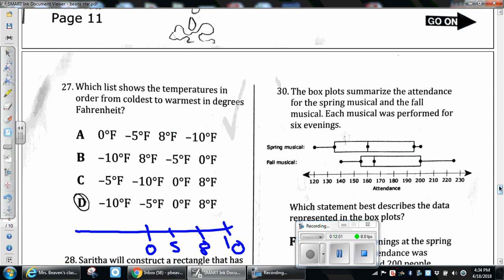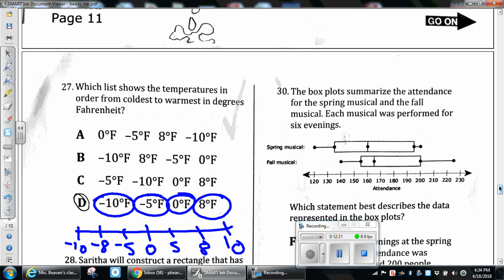But in the negative direction, we will have something like -5, -8, -10. So the coldest, or the lowest temperature, was this one, -10. Then we have -5, then 0, and then 8. So that one is correct.